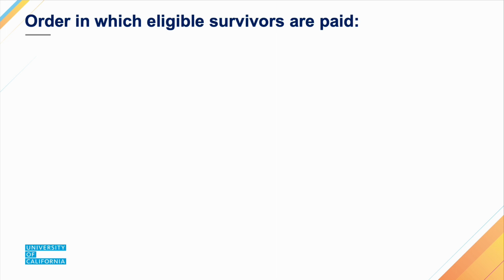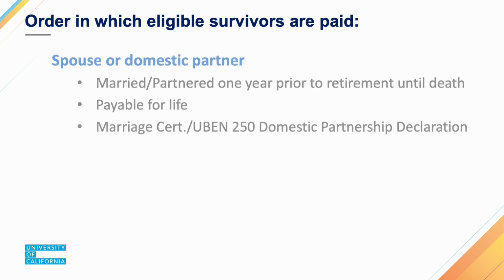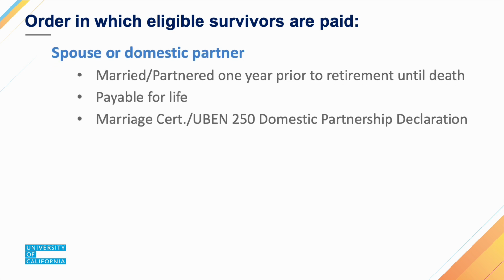Now, you can't choose the eligible survivor for the post-retirement survivor continuance. Eligible survivors are defined by UCRP in the following order. Your spouse or domestic partner, if you've been married or in a domestic partnership for at least 1 full year prior to retirement. To verify the partnership or marriage date, suitable documentation must be submitted as part of the retirement process.